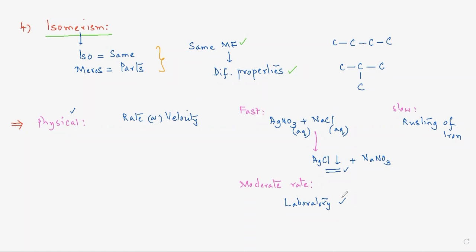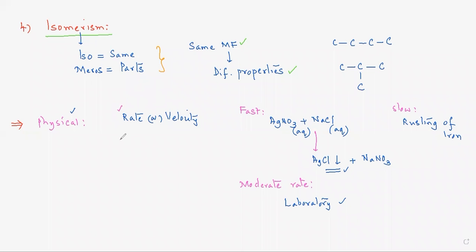These are the reactions which we normally carry out in a chemical laboratory. They just take place in say 5 minutes, 10 minutes, 15, 20. Not too high, not too low. Is that okay? So physical chemistry actually deals with the rate or velocity of the chemical reaction.